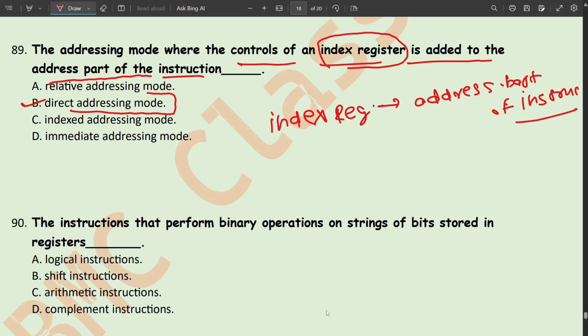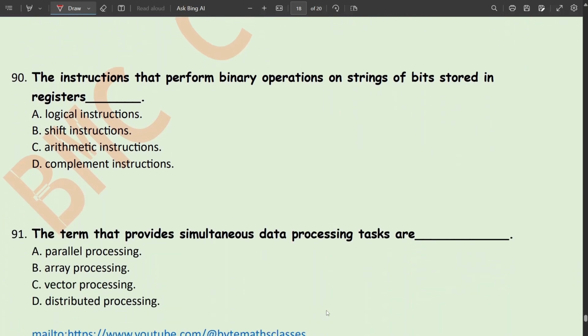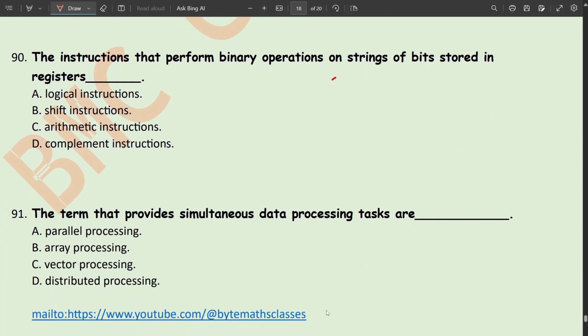Okay. Next, the instructions that perform binary operations on strings of bits stored in registers.